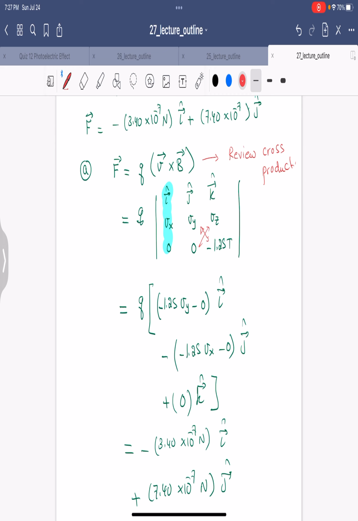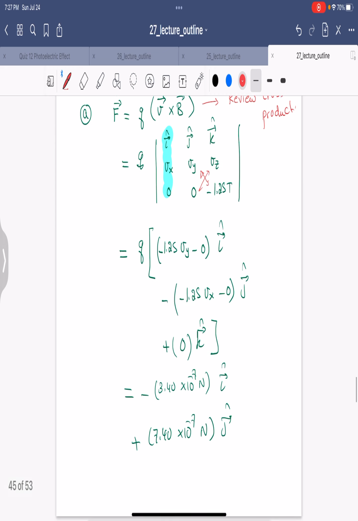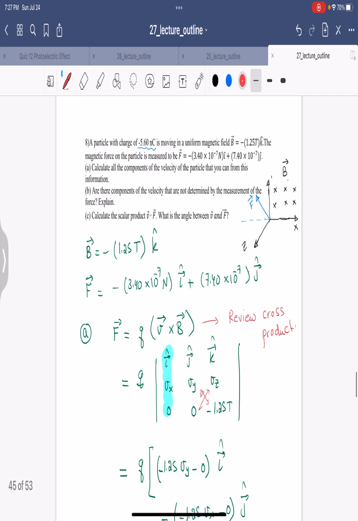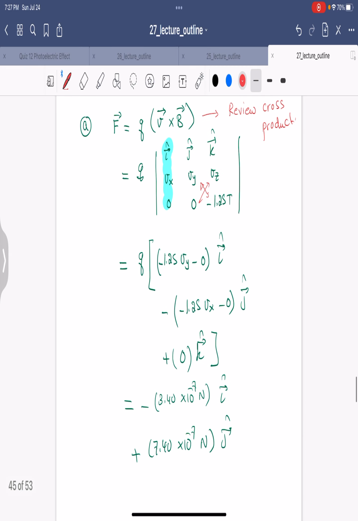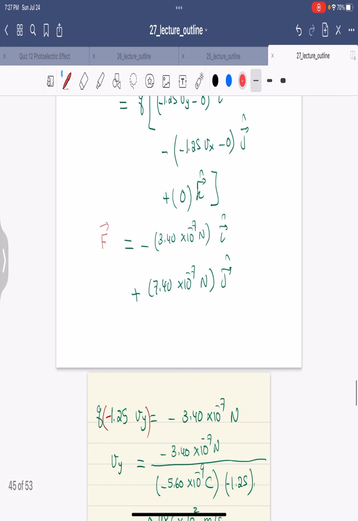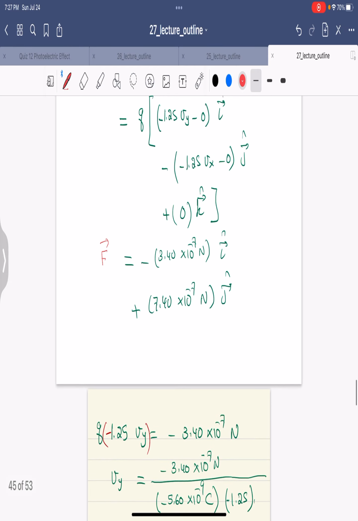I want you to review, and then I was able to find that it is negative 3.4 times 10 to the negative 7 Newton I plus 7.4 times 10 to the negative 7 Newton J. These are the components of the force. And this is the velocity here, which I did calculate.